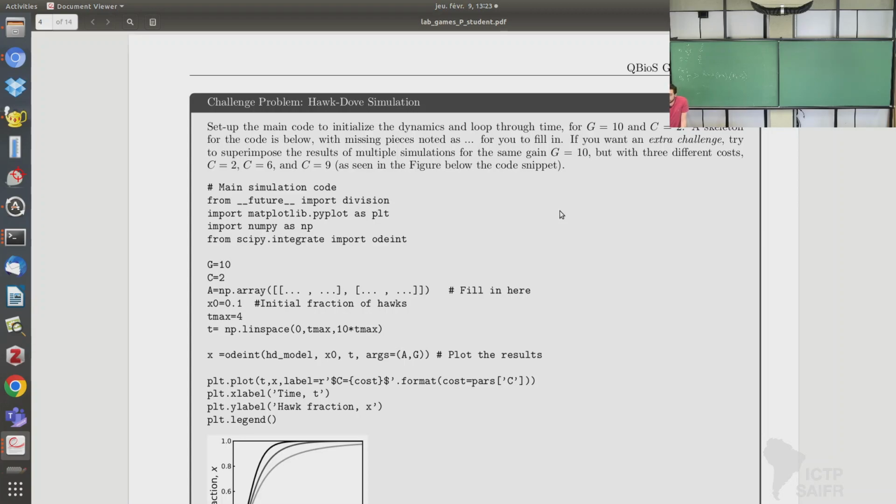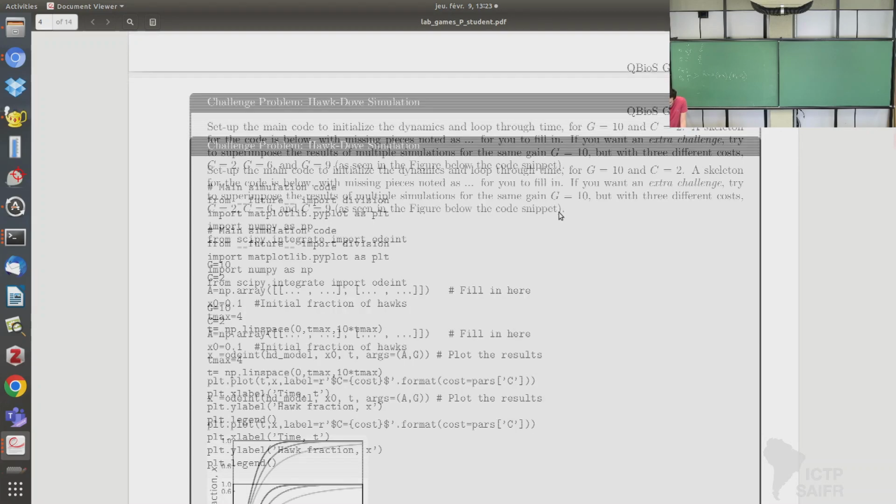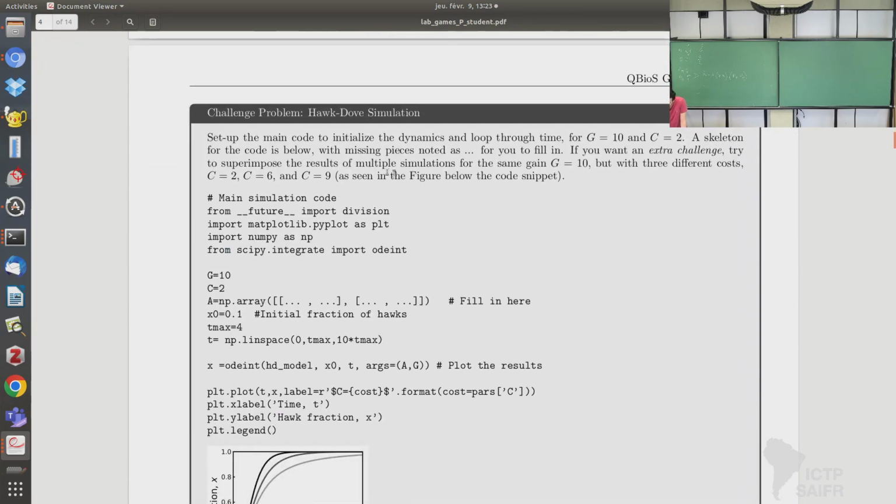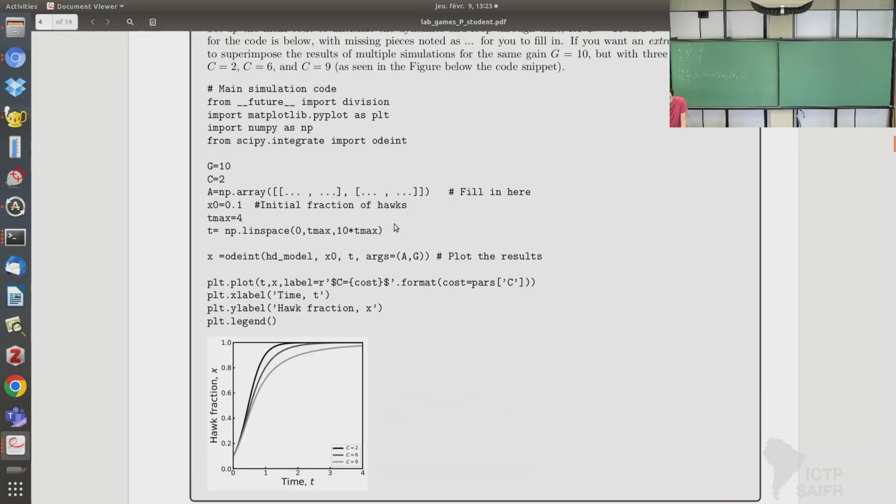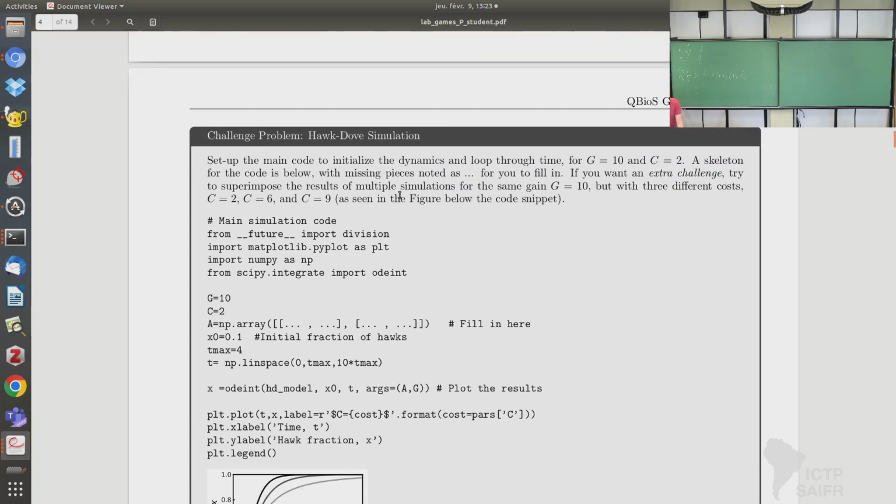So how are we doing? Who finished the first one already? No one? The first one, called challenge problem, the three differences. Okay, great. When I'm talking about problems, I'm talking about this grayed out box. Those are the things that I refer to as problems or exercises.